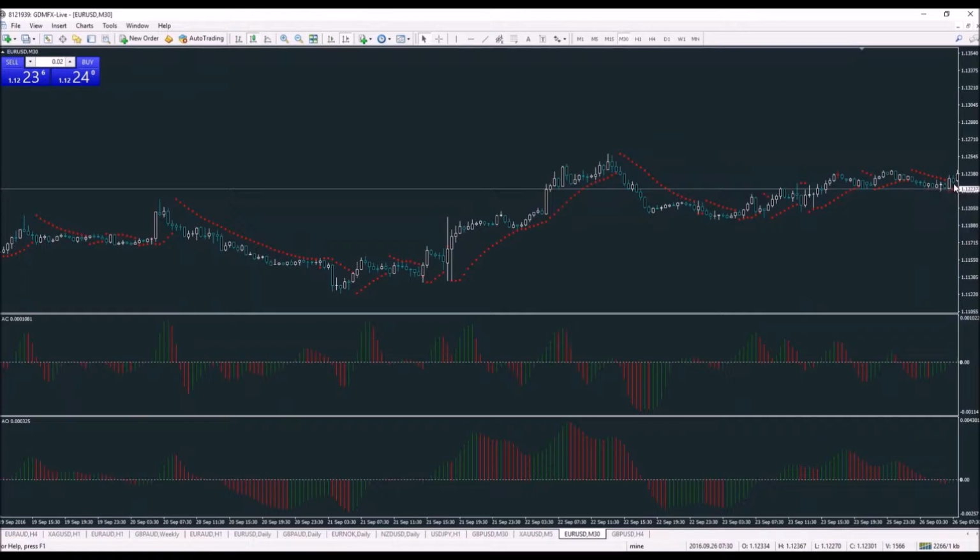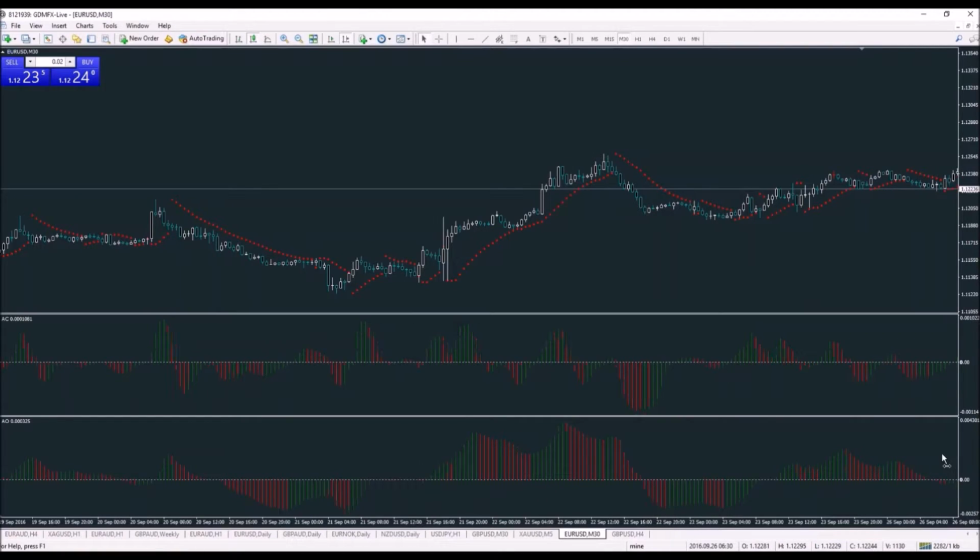Imagine that we're here, okay, that this is today's market. We're going to start seeing parabolics, the dots appearing below our price. Also, we're going to start seeing that cross here, okay, the crossover at the zero level of the accelerator. Then we're going to wait for the awesome oscillator to go into positive territory, or let's say bullish territory.